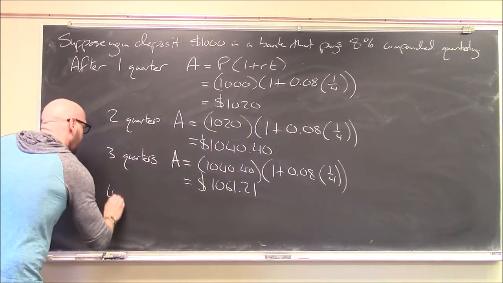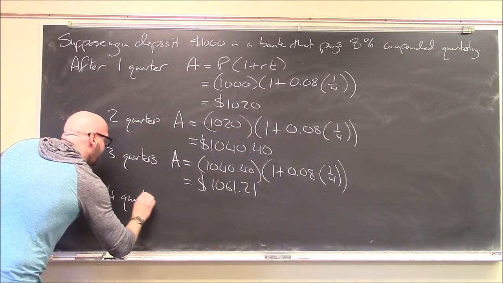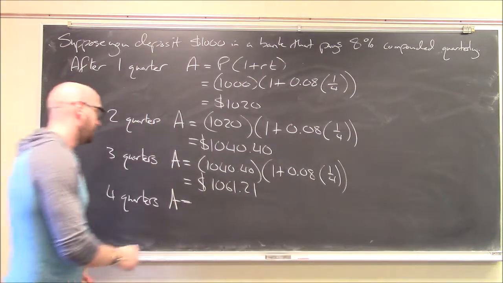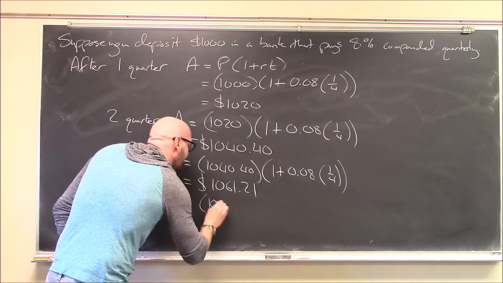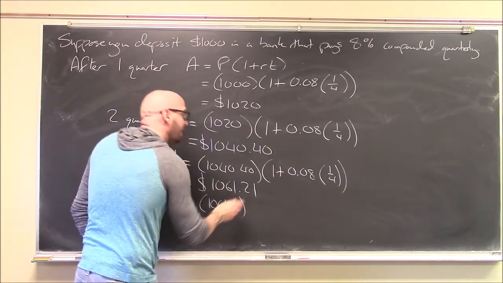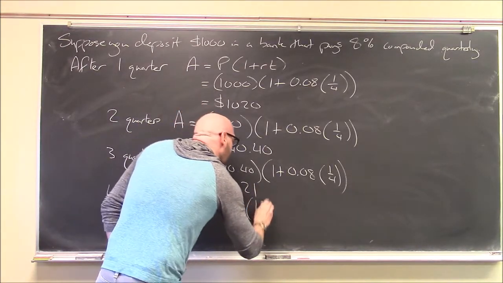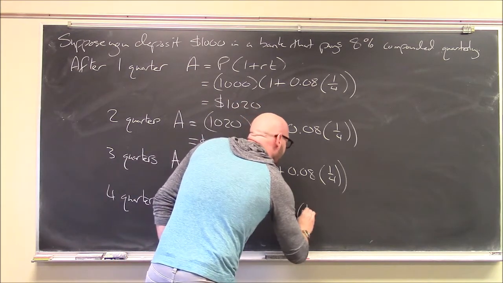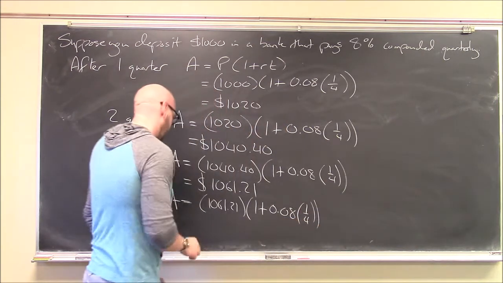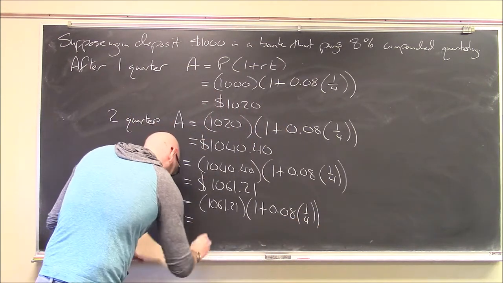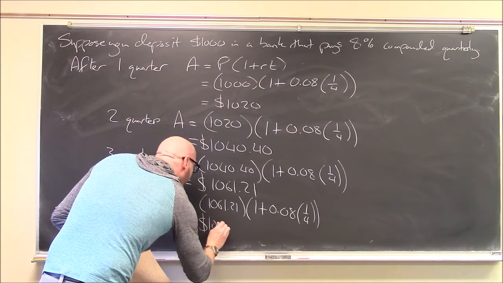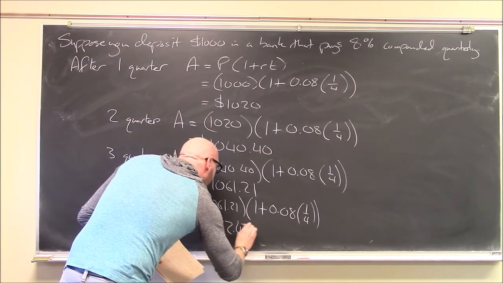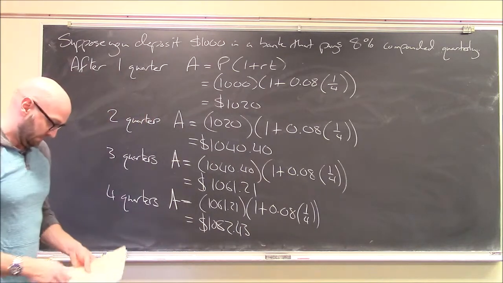So after 4 quarters, now we take this and reinvest. So this is $1,061, and our principal is 1,061.21 times the same interest rate, 1 plus 0.08 times 1/4, to get that this is 1,082 and 43 cents.